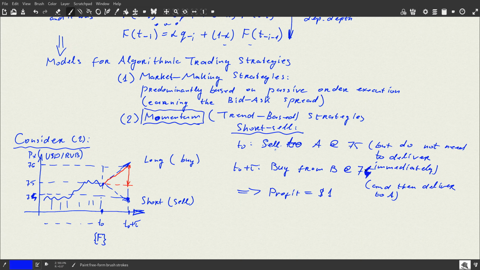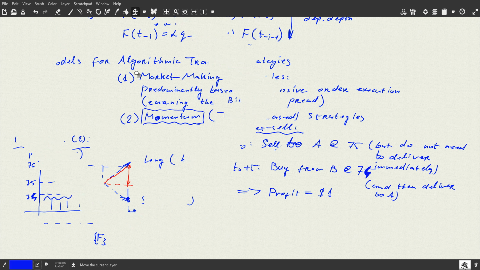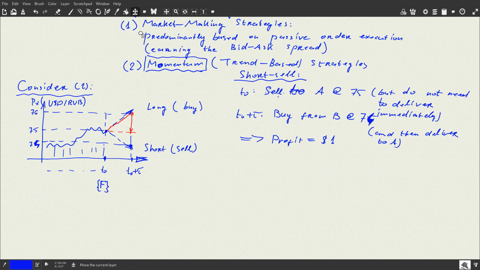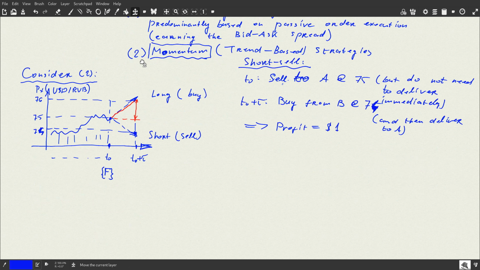So if we implement machine learning for the purpose of the momentum type strategy, in the simplest case, we now specify what we want to predict. So the machine learning problem is the following.